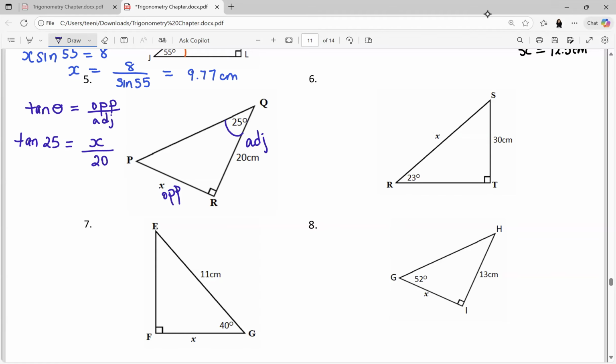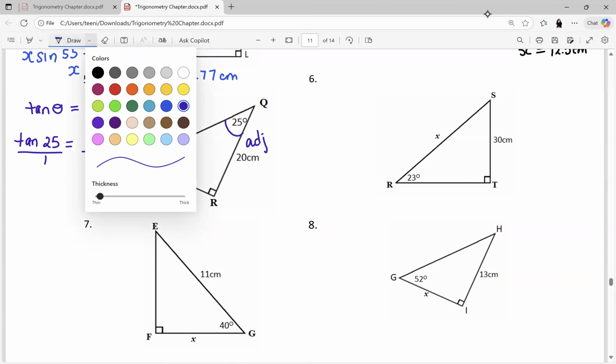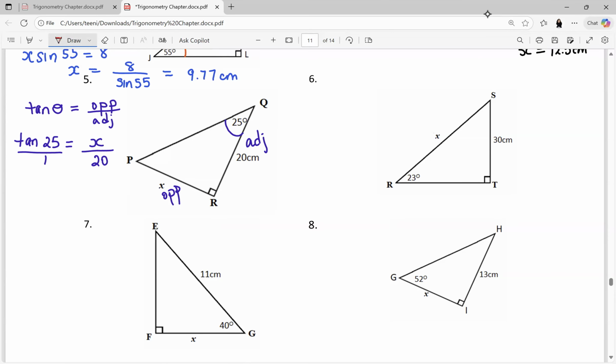All right, so let's put it over 1, and then we cross multiply. So we say x times 1. So we already have x by itself, and now we multiply tan 25 times 20. So 20 times tan 25. Remember, this is multiplication, so it's commutative, meaning it doesn't matter if you say tan 25 times 20 or 20 times tan 25.